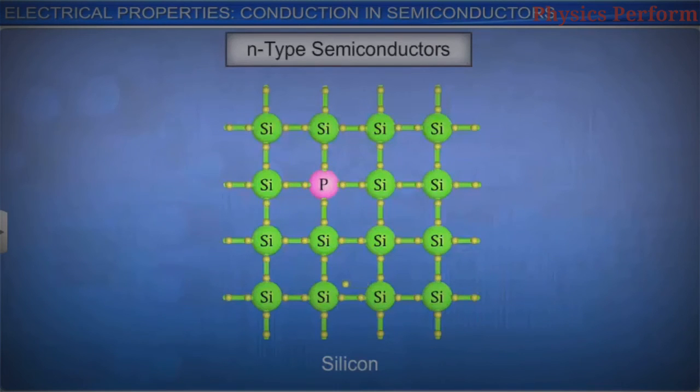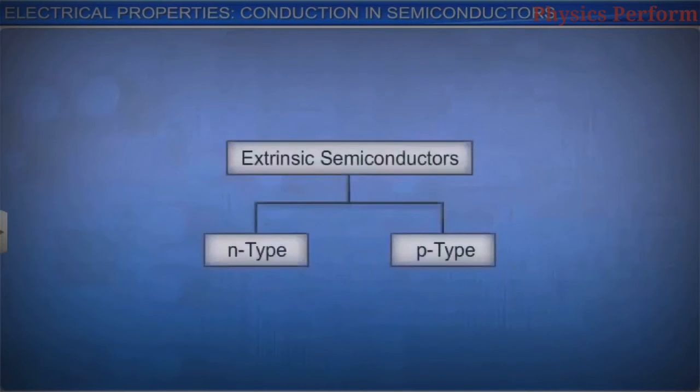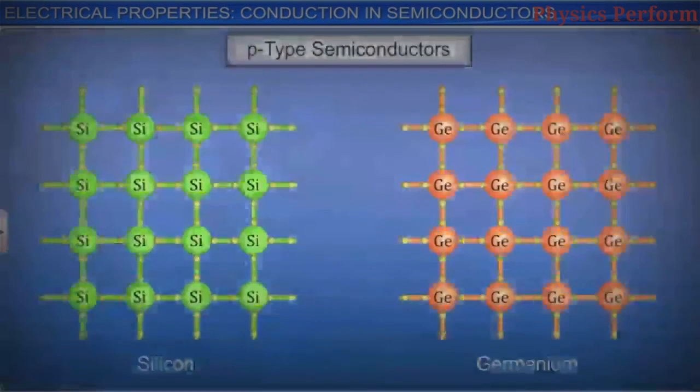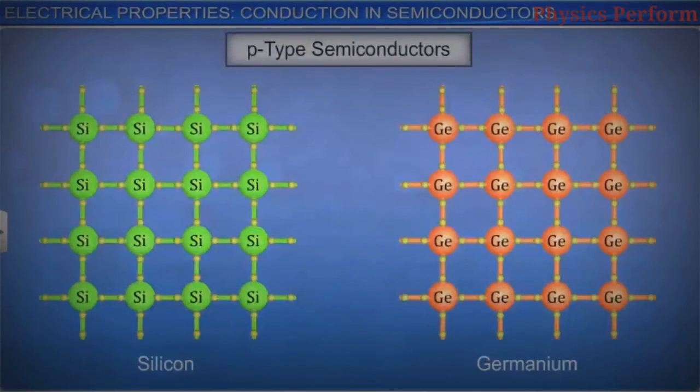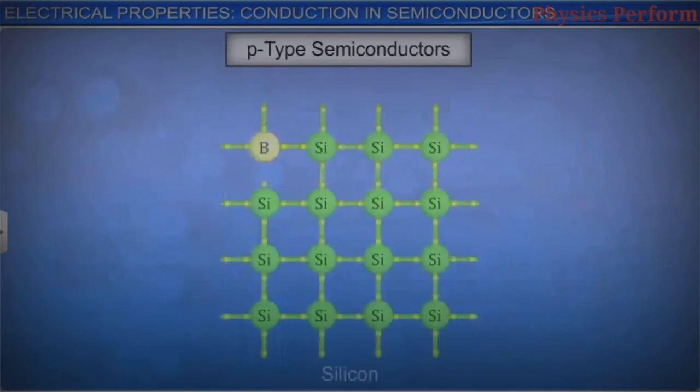Let us now study P-type semiconductors. The addition of a trivalent impurity, such as boron, aluminium, or gallium, to an intrinsic semiconductor creates deficiencies of valence electrons. As you can see here, one electron is missing from one of the four covalent bonds in the silicon crystal lattice.